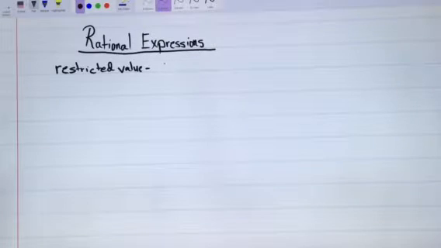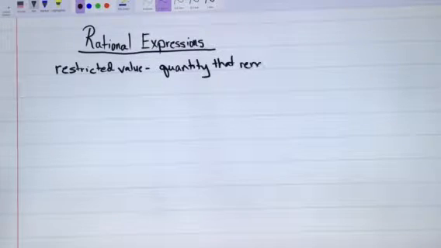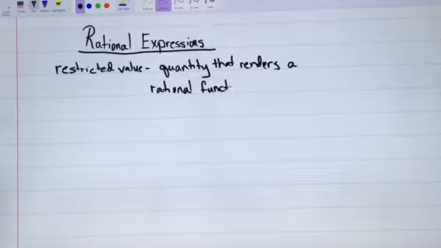This will be a quantity that renders a function, or in this case, rational function, as undefined in the real number system.